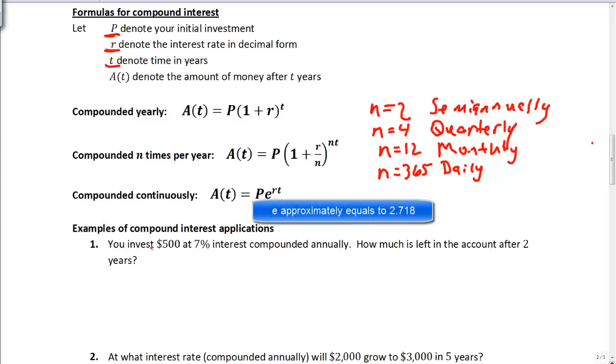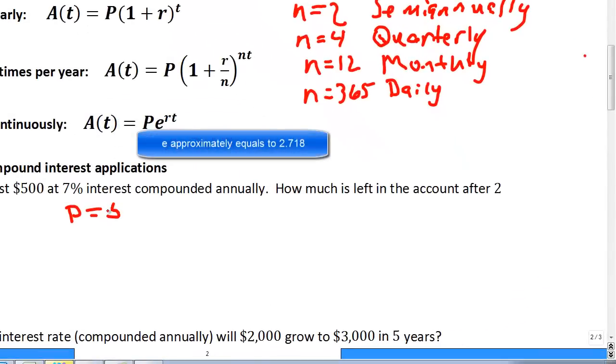You invest $500 at 7% interest compounded annually. Okay, so if it's compounded annually, that means I'm going to use that first formula, right? Because it's just compounded 1 time per year. So in that case there, the principal is the initial investment, which is 500. The interest rate is 7%, so it's 0.07. And the number of times per year is once.